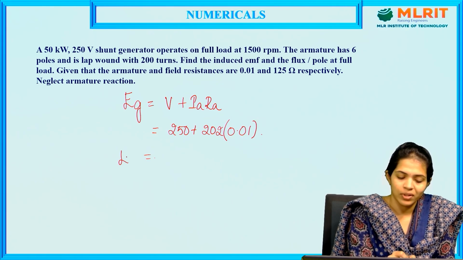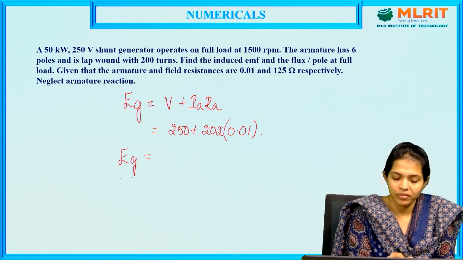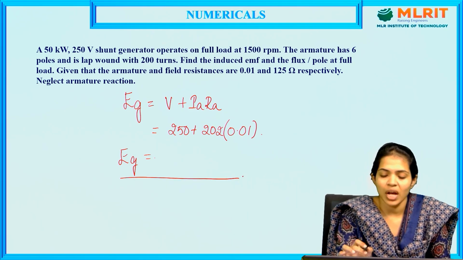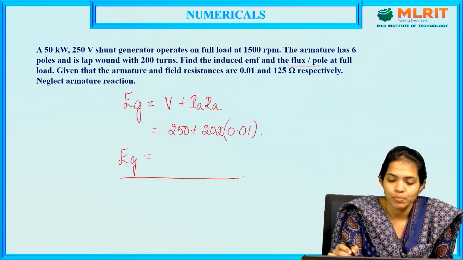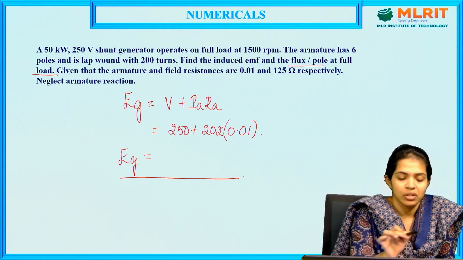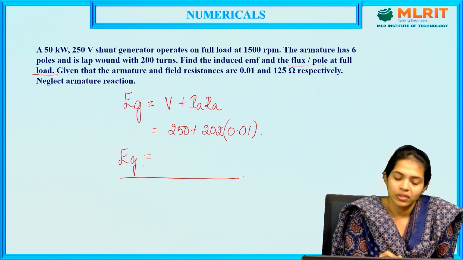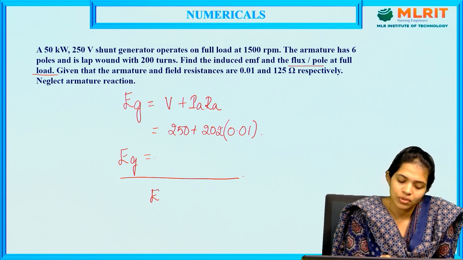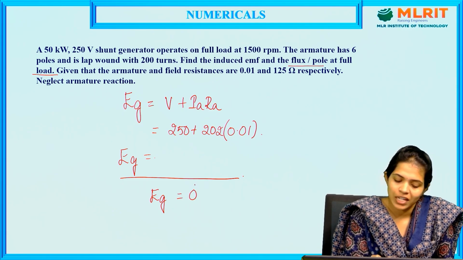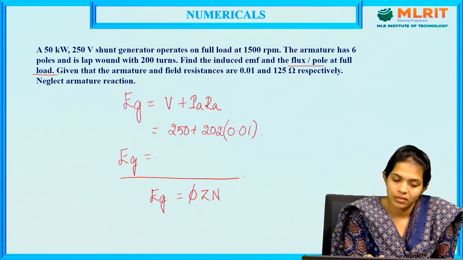From this, we will get the generated EMF. He is also asking us to find the flux per pole at full load condition. So we have calculated Eg now. Eg is equal to phi ZNP by 60A.